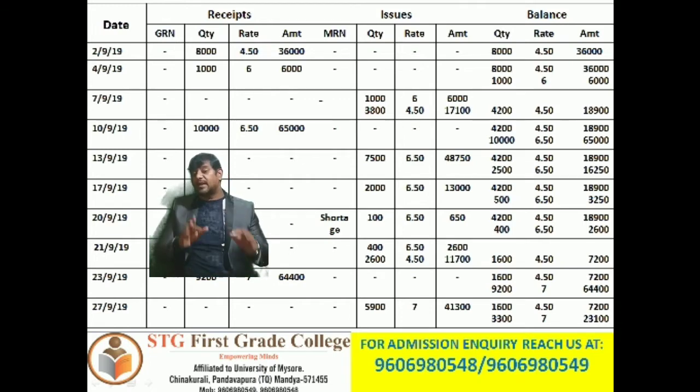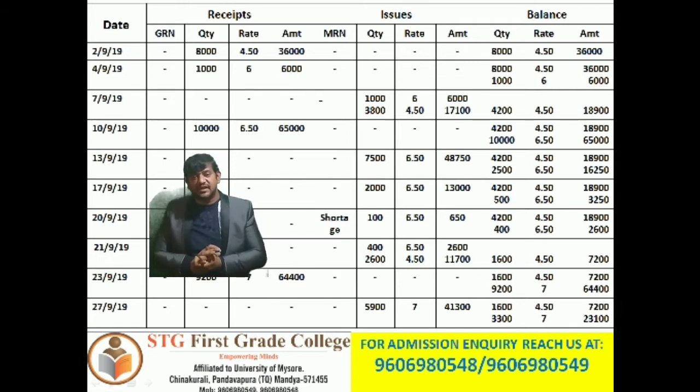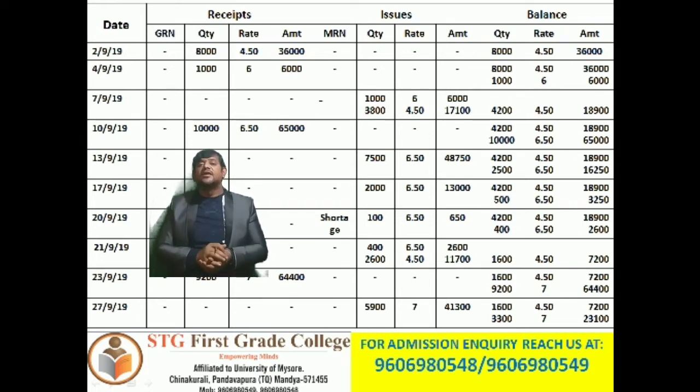Okay, so go to the balance column. First 8,000 units at 4 rupees 50 paise per unit, amount column 36,000. And next, that is 4th September, receipt column, whatever we have, that is 1,000 units at rupees 6 each. So that comes to 6,000 rupees.